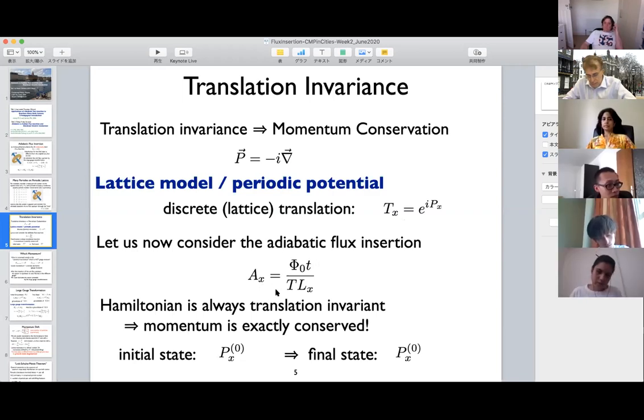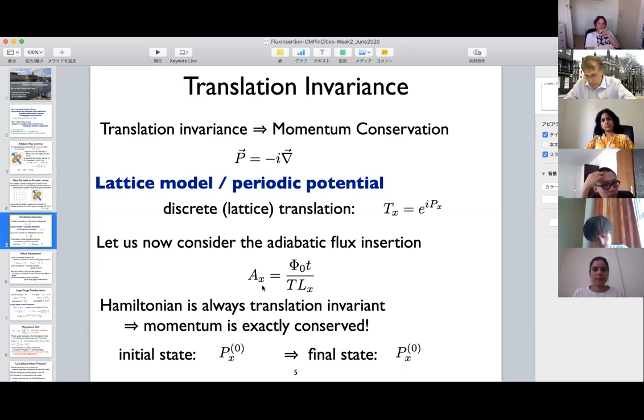But in this gauge, the Hamiltonian is always translation invariant. So momentum is exactly conserved. If the initial state has momentum px0, then even after the adiabatic flux insertion, the momentum is still exactly the same number.